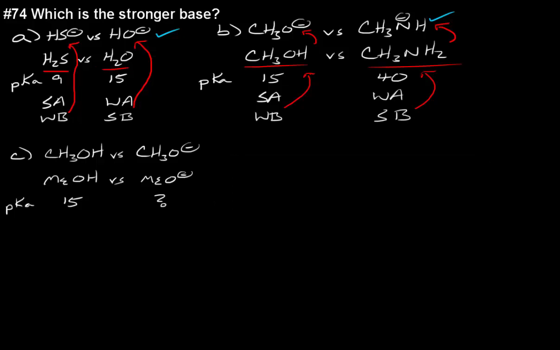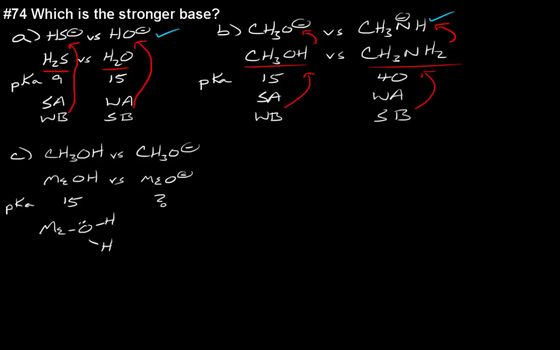If we talked about the conjugate acid of methanol, that would be this methanol, but this oxygen would not have just one hydrogen, it would actually have two. We're basically putting a proton on the oxygen, and in this case you have to think about what the actual charge on this oxygen is. If you go back to formal charge calculation, you have to remember that oxygen has 6 valence electrons.